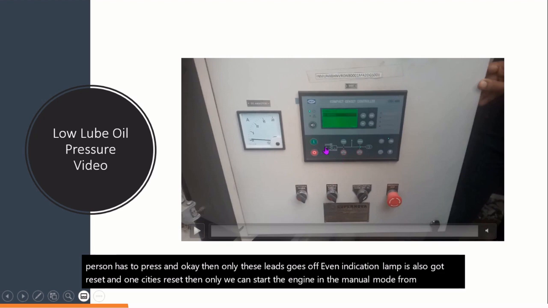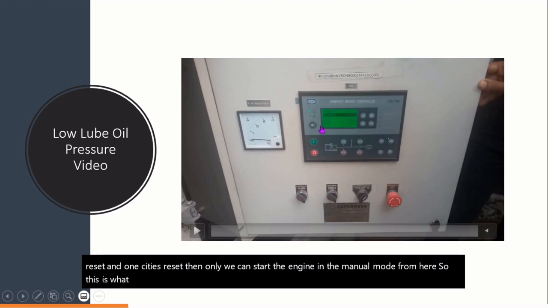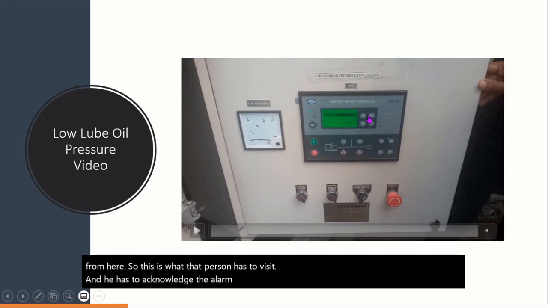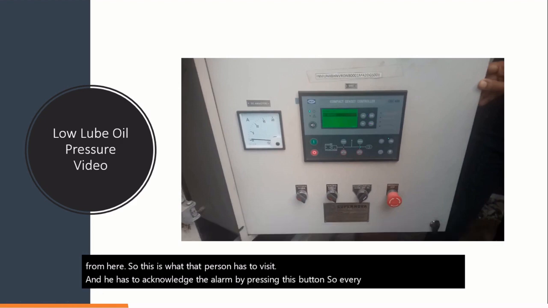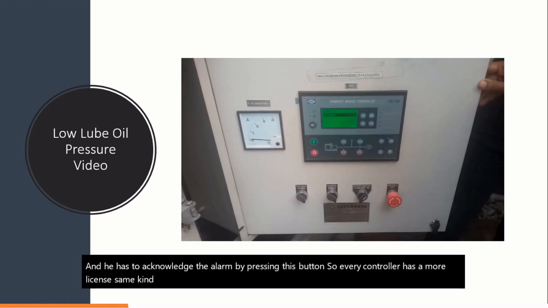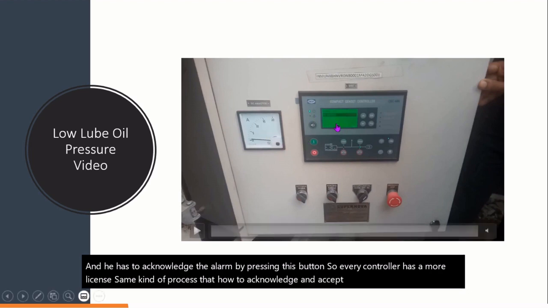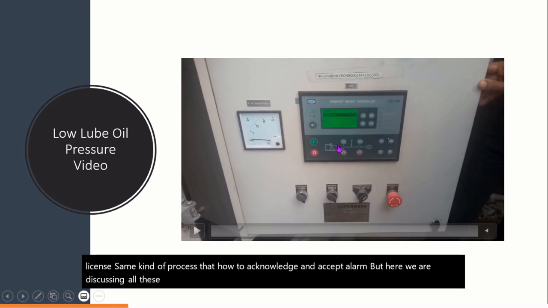So the person has to visit, and he has to acknowledge the alarm by pressing this button. Every controller has more or less the same kind of process for how to acknowledge and accept the alarm. But here we are discussing all these things for the DEIF controller, CGC 400 model.